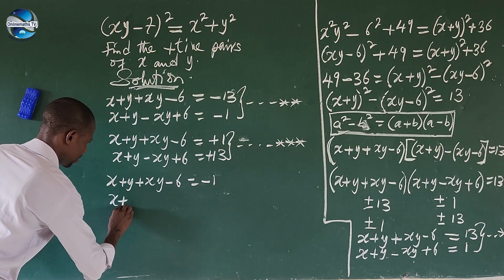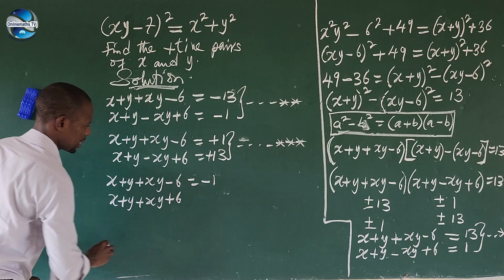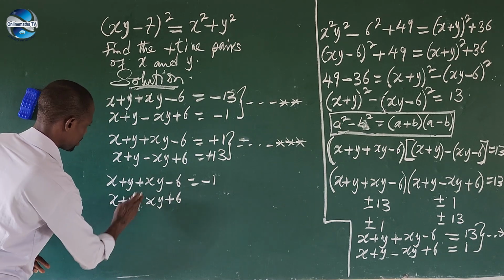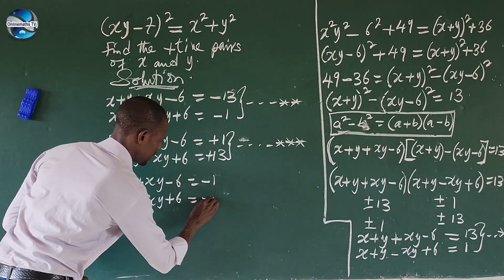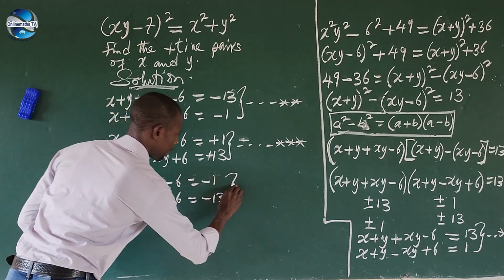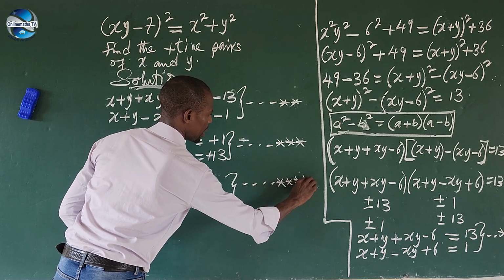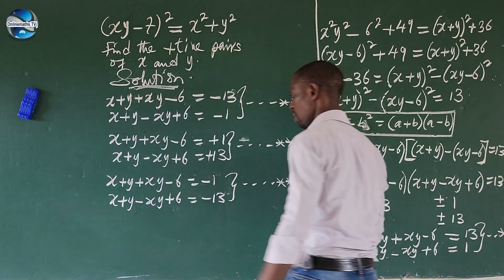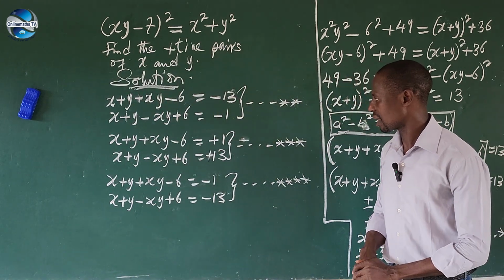Then x plus y minus xy plus 6 equal to negative 13. We're going to take this as our star. Now if we check through, let's see the one that will give us positive pairs of x and y.